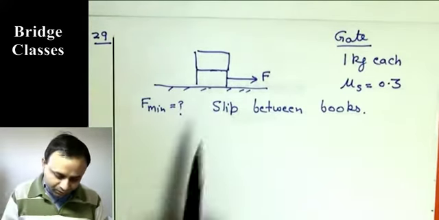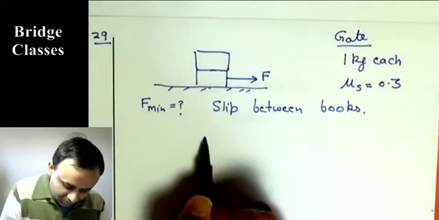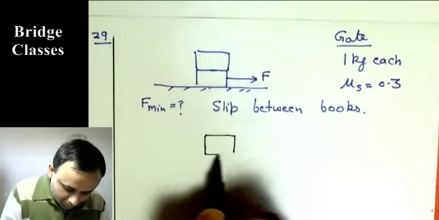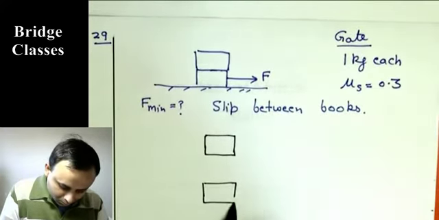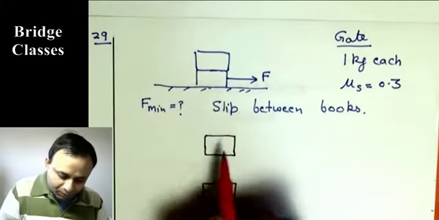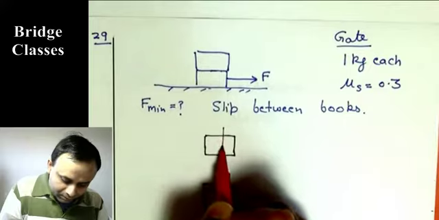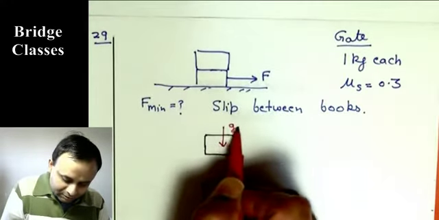Okay, let us draw the free body diagram of both bodies. On this body we have its weight acting downwards. That will be mg, mass is 1 kilogram, so just g.